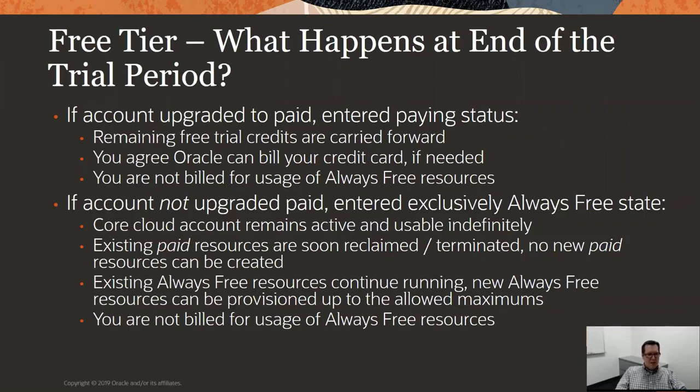So that's a little more detail on these state transitions and what exactly occurs as your cloud account goes from state to state. Just a heads up, this is what to be aware of. It's pretty logical stuff if you sit down and think it through. I don't think we're doing anything terribly surprising here, but just so you have all the details, this is what's going on behind the scenes.